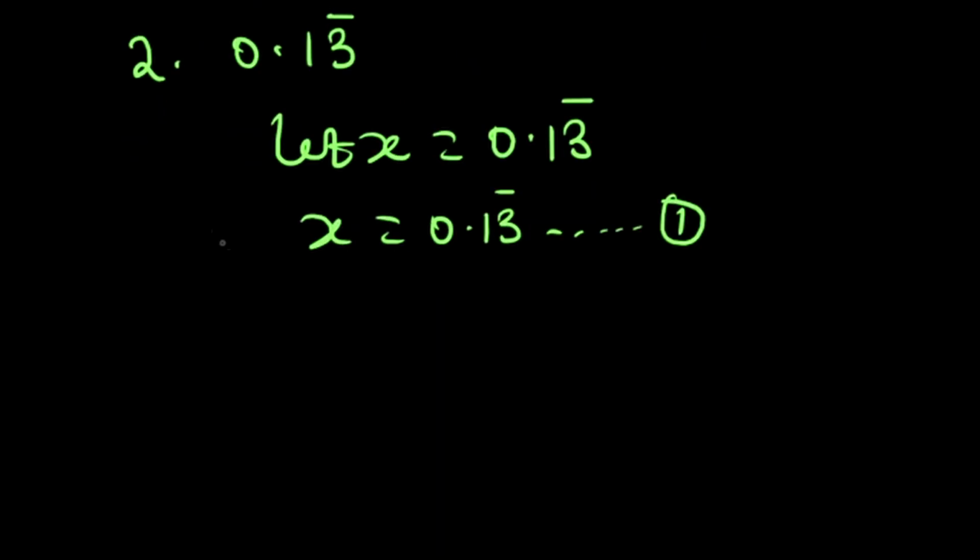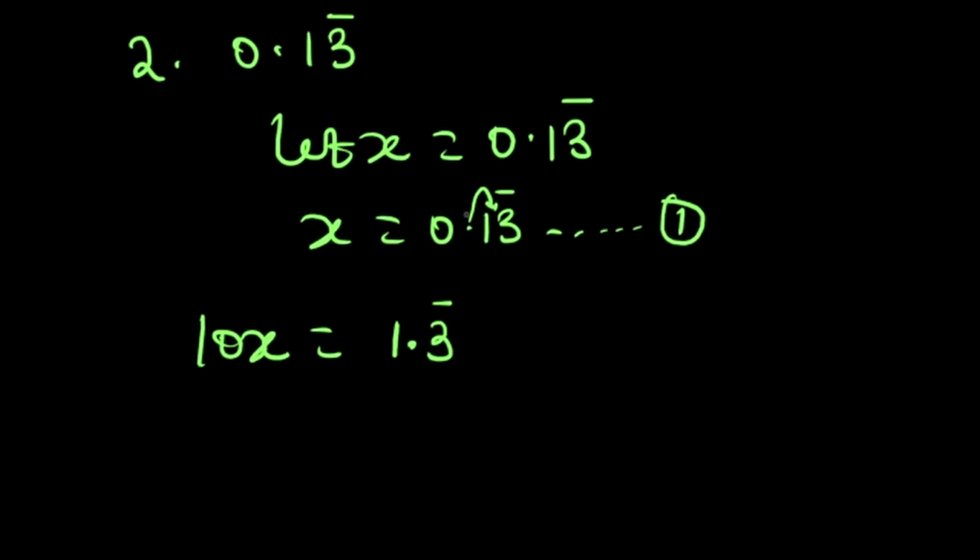The next thing is to multiply both sides of this equation by 10. If I multiply x by 10, I'm going to have 10x is equal to, now when you multiply this decimal by 10, you just have to move it one place backwards. So when the decimal goes to the back of the 1, you now have 1, then point, then you bring back the repeating decimal, you have 3 back.